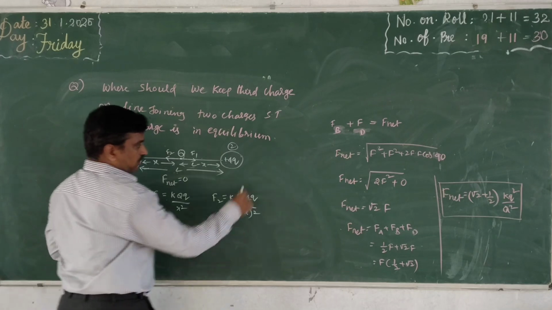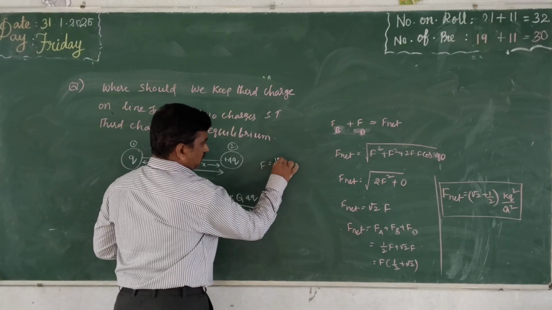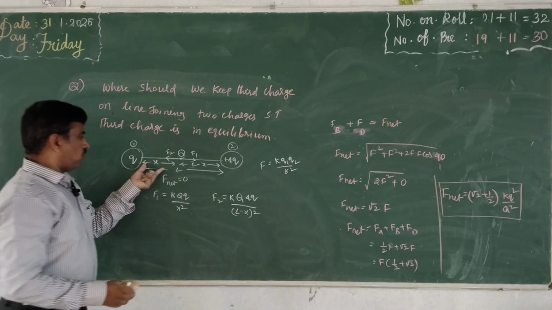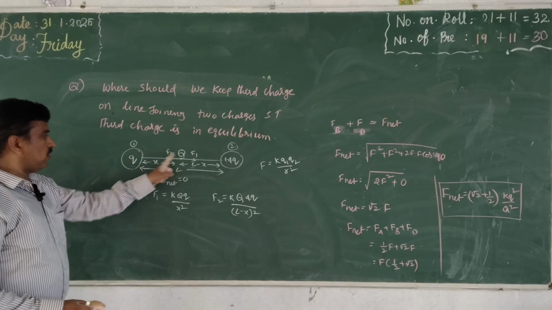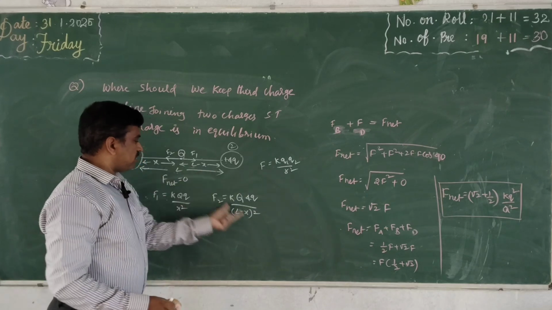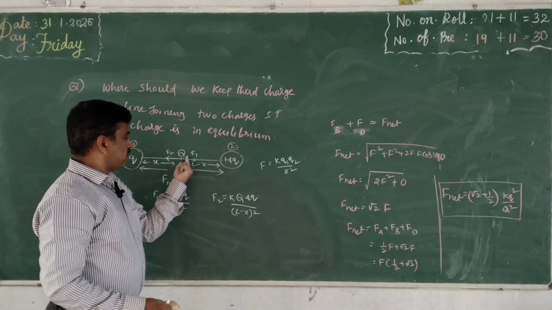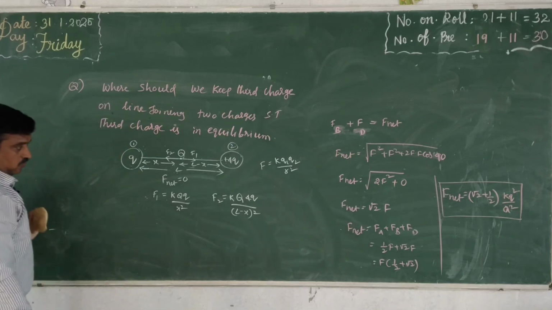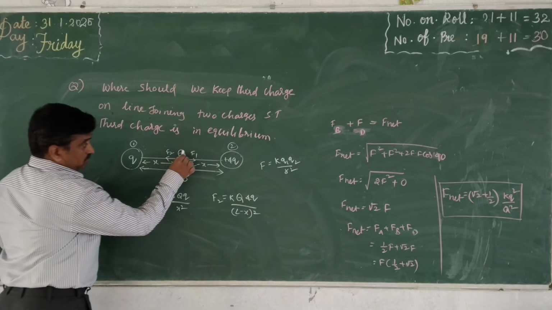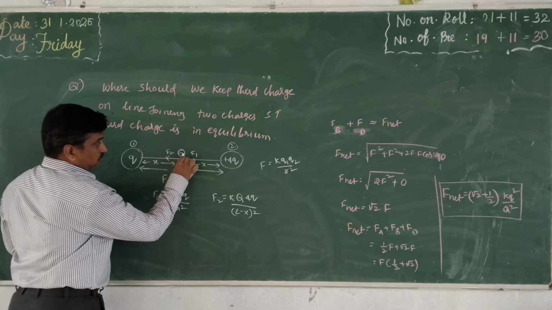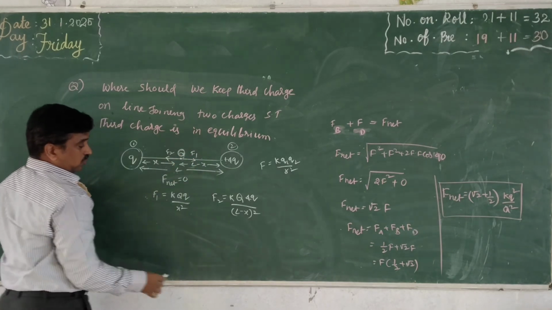Yes, the force between two charges is k q1 q2 by r square. Here r is x for F1, with q1 capital Q and q2 small q. For F2, r is L minus x whole square, with charges capital Q and 4q. Here the third charge is in equilibrium, meaning whatever force is acting on this charge, the net is 0.